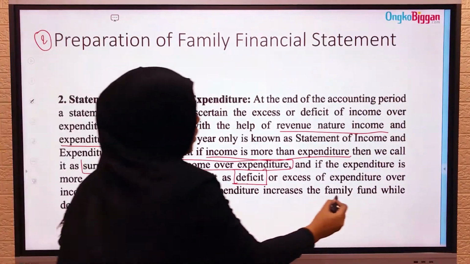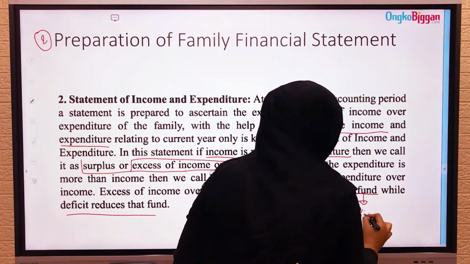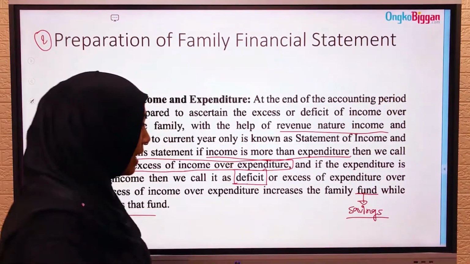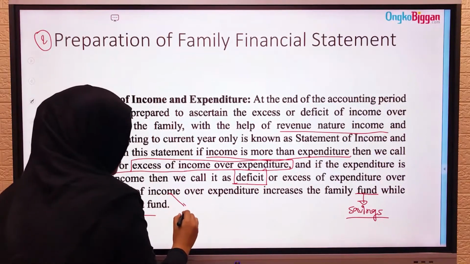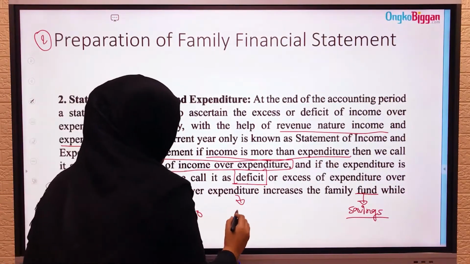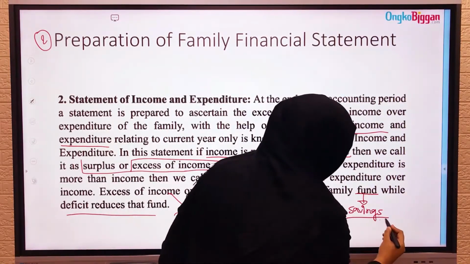Fund means, as I told you, the savings source. Fund means savings. Like if my income is 30,000 and my expenditure is 25,000, then the rest, 5,000, will be in the fund.